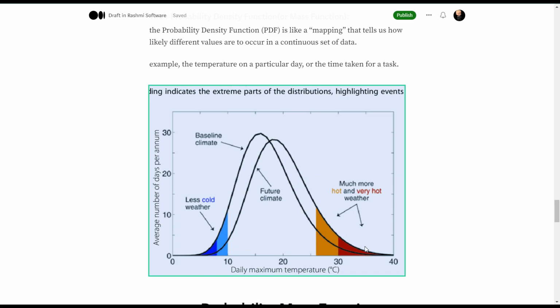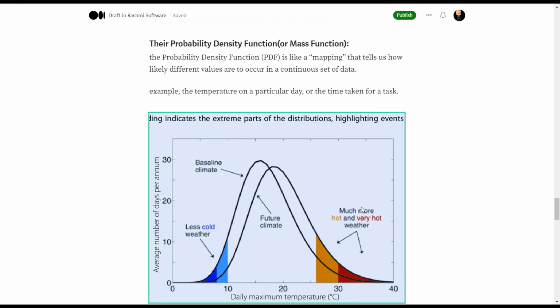Here this is showing much more hot and very hot weather. So it tells how likely different values are to occur in a continuous set of data. Here is cold, here is hot. It's different.